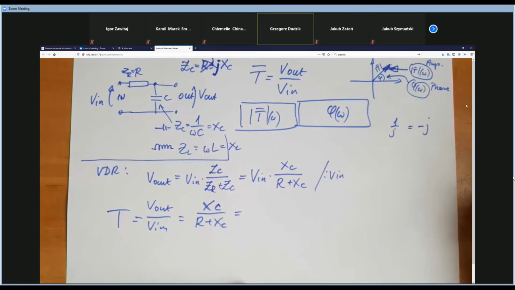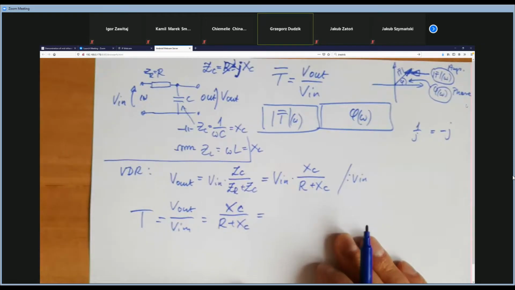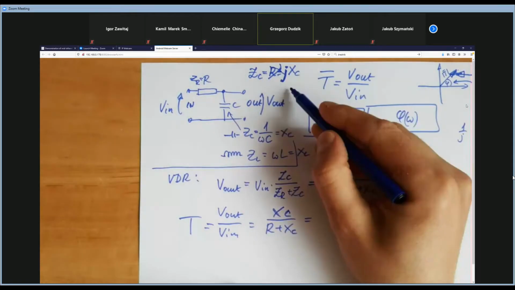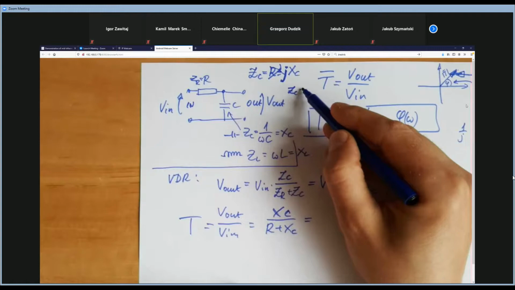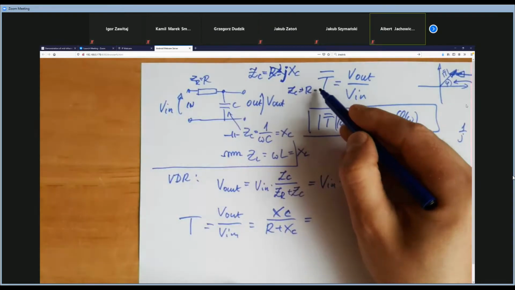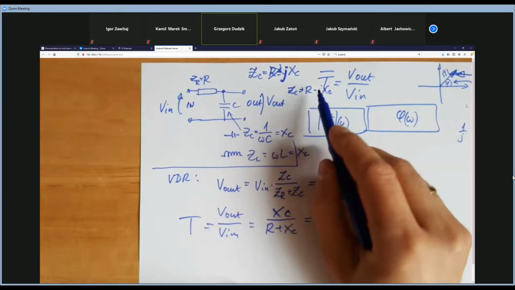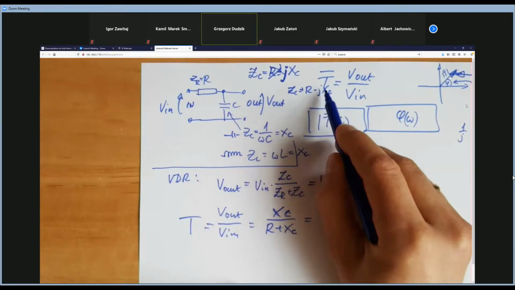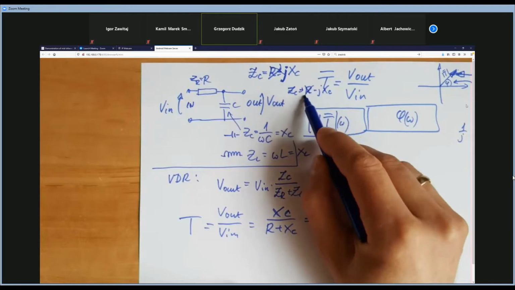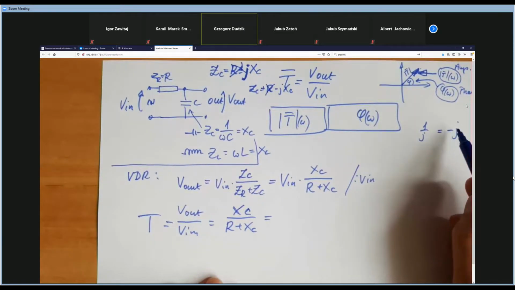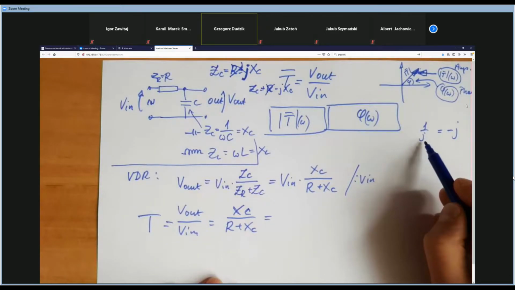So coming back here, for the pure capacitor we've got R minus J XC. Because R is 0, minus J can be replaced by 1 over J. It is positive.